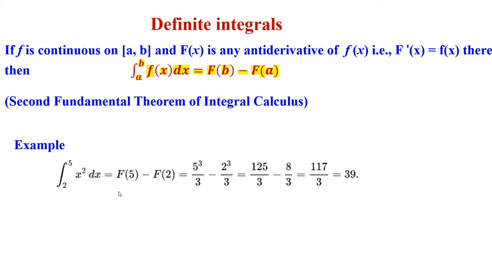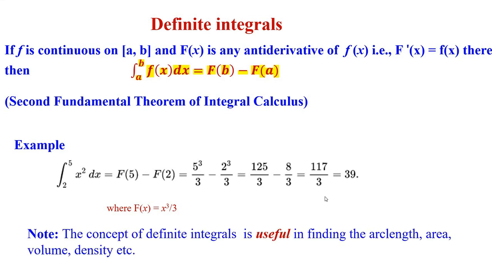Then by having our capital F of x as x cubed by 3, we have capital F of 5 minus F of 2 to be the given integral, and replacing x by 5 and 2 we have this step, and simplifying it further, we get integral 2 to 5 x square dx to be 39. Now the concept of definite integrals is useful in finding the arc length, area, volume, density, etc.